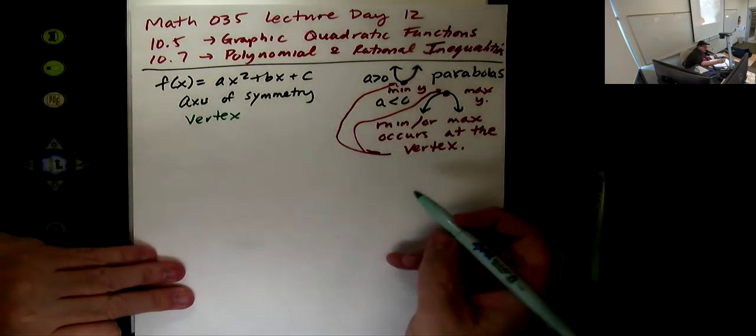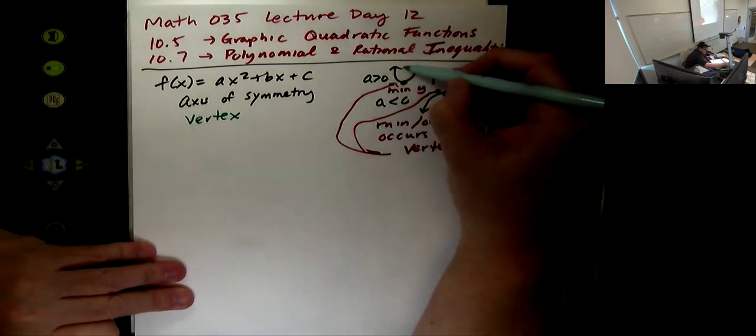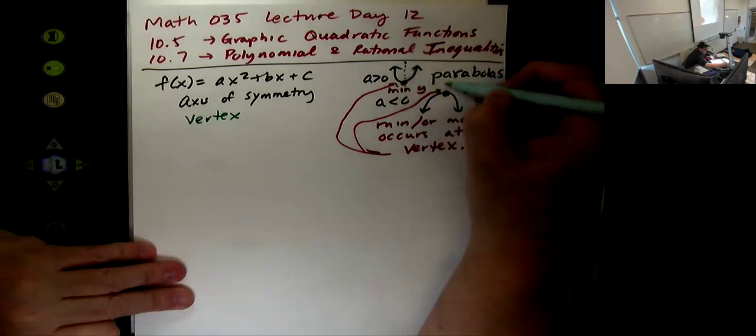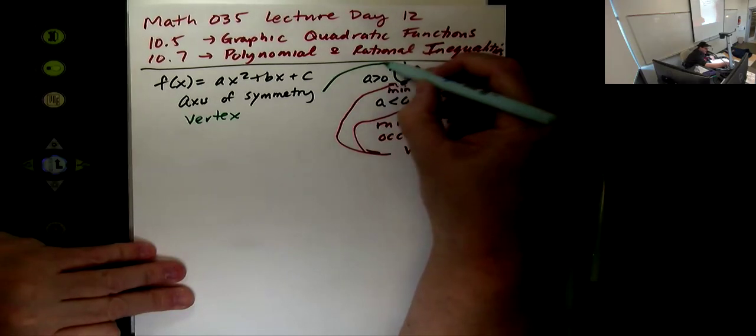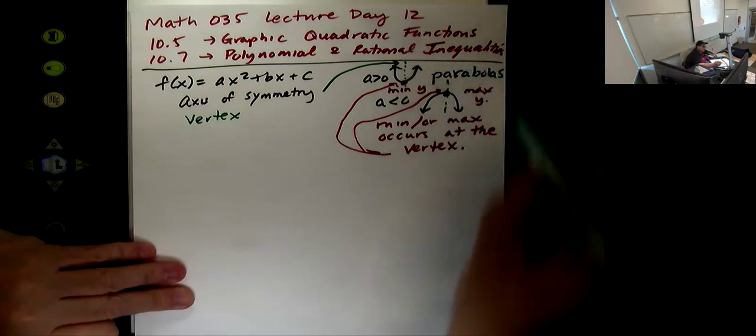Vertex is helpful. The axis of symmetry goes right down the middle of this bad boy. So the axis of symmetry is a line down the middle.